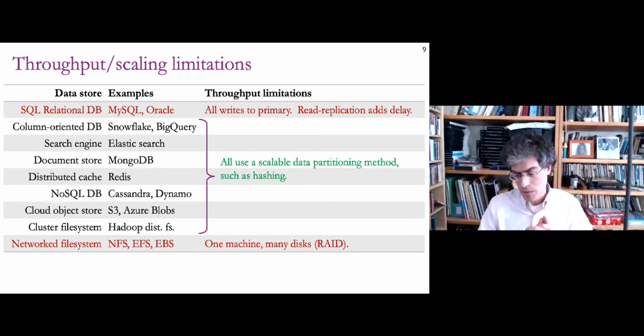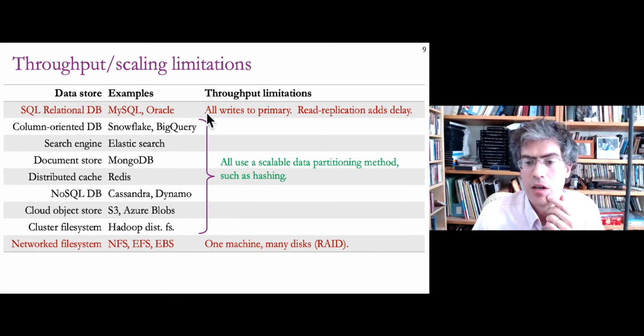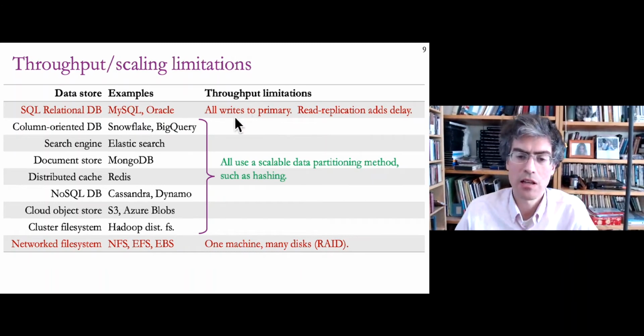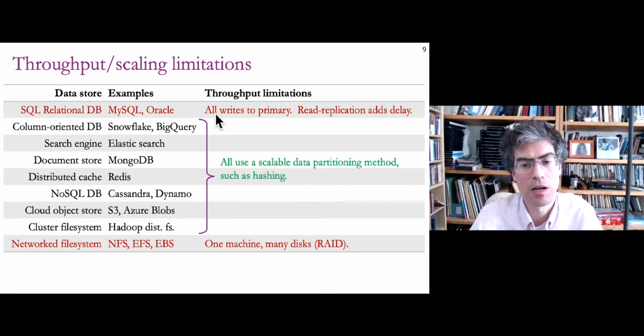Okay, coming back to our list of databases, the first one we just talked about were the SQL relational databases. These have some throughput and scaling limitations in the sense that you're only writing to one primary node, or you're sharding, which sometimes is not really possible. Or if your sharding doesn't work well, then you have to read from all the nodes at once.